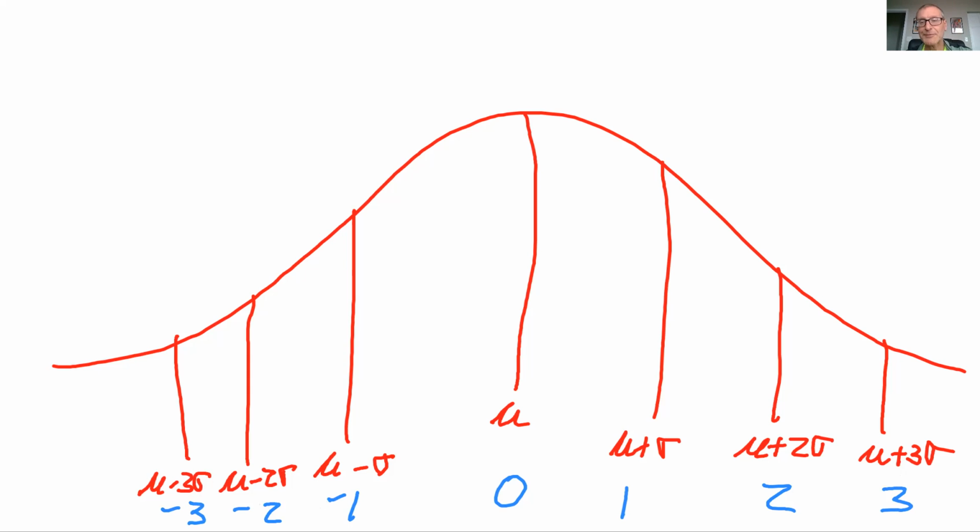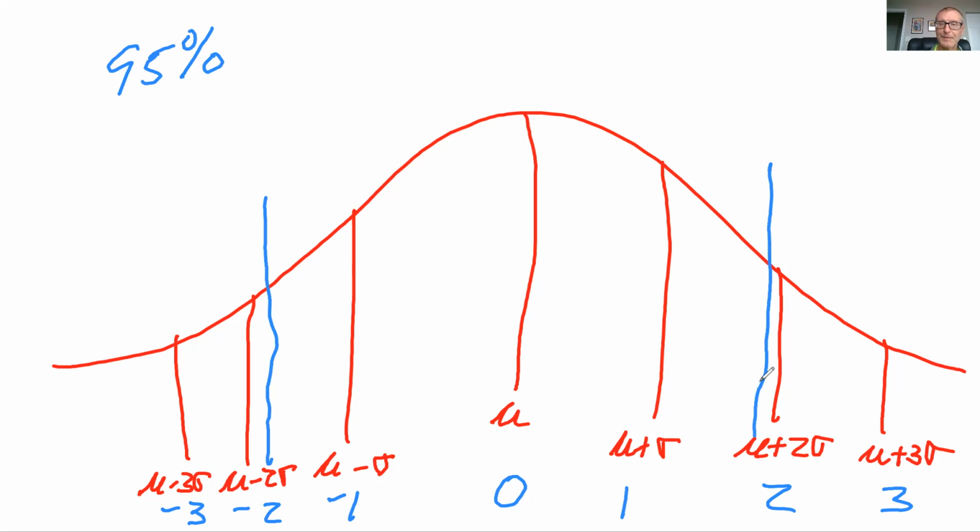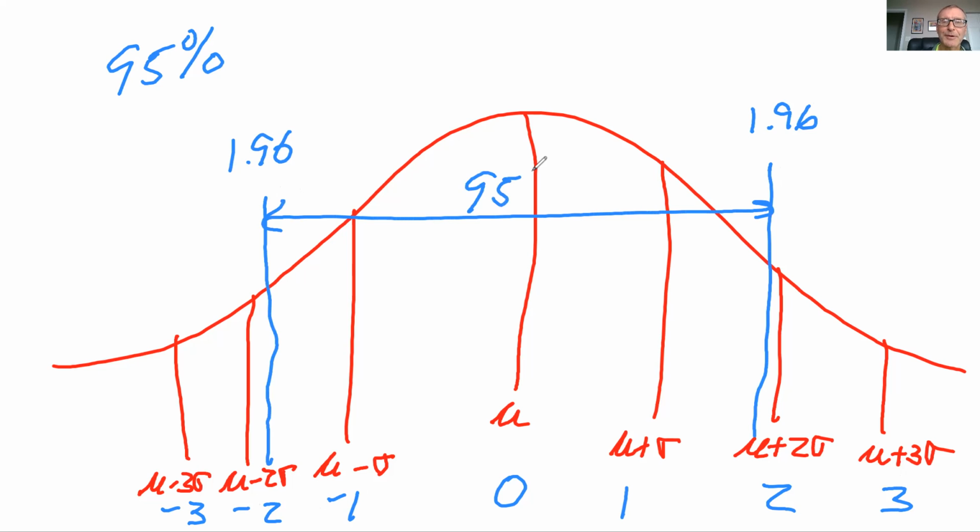We said approximately plus or minus 2 standard deviations was 95%. Well, the exact number is real close to that. It's a z-score of 1.96. Exactly between those 2 points, we have a 95% probability that all the points will fall between those 2.